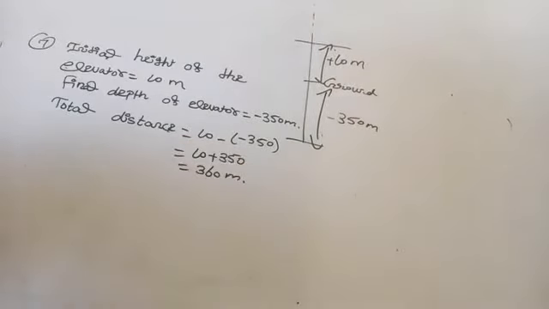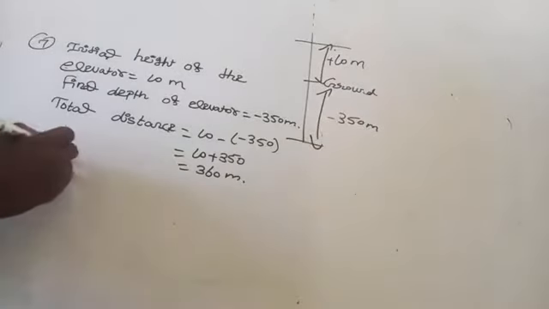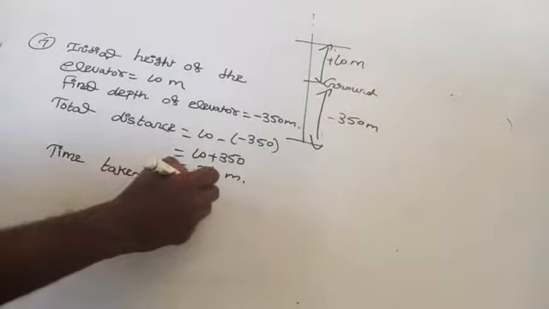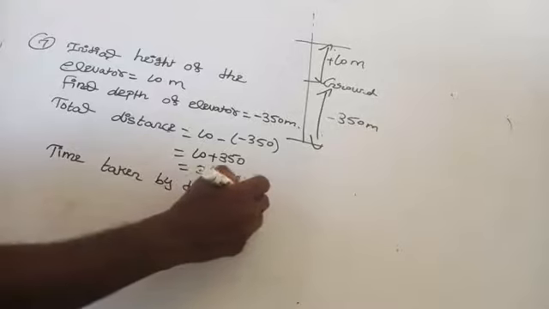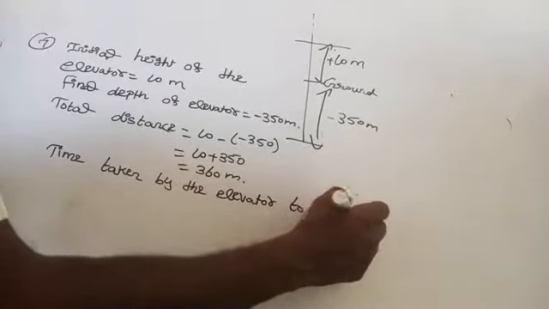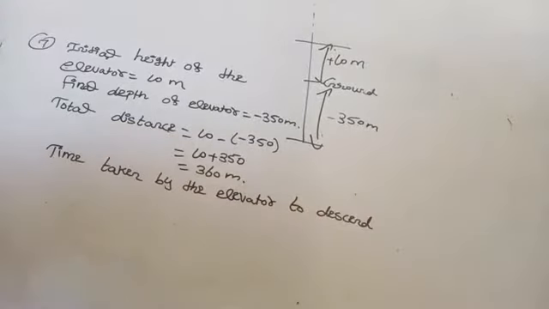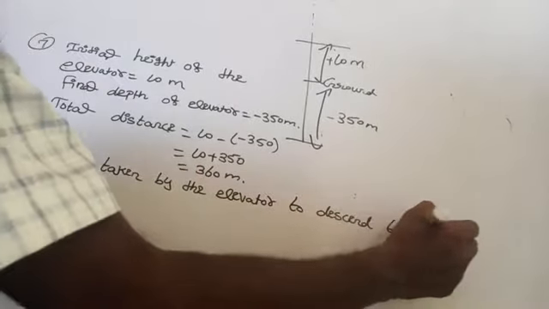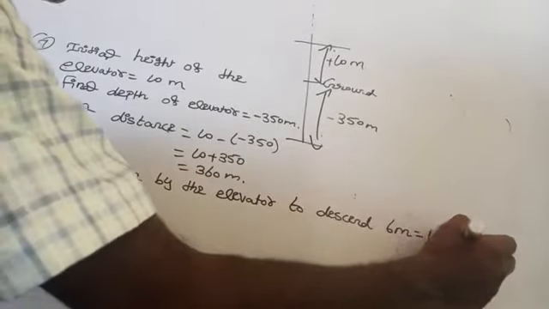Now what is the rate of change of descent? The time taken by the elevator to descend 6 meter is 1 minute. 6 meter means 1 minute.